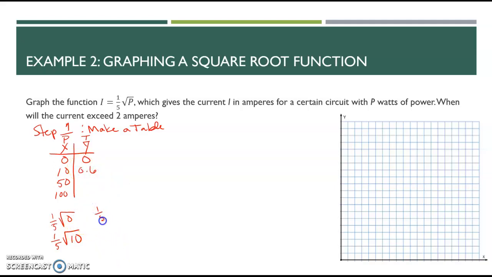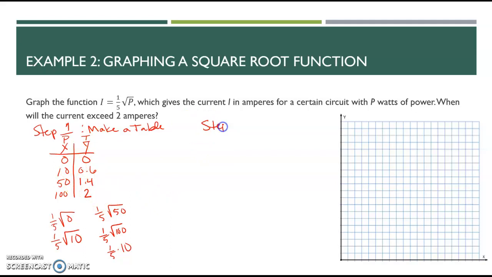I do 1/5 of the square root of 50 and I end up with 1.4. And then 1/5 of the square root of 100. Well, the square root of 100 is 10, so I have 1/5 of 10, which is 2. Now those are my points.